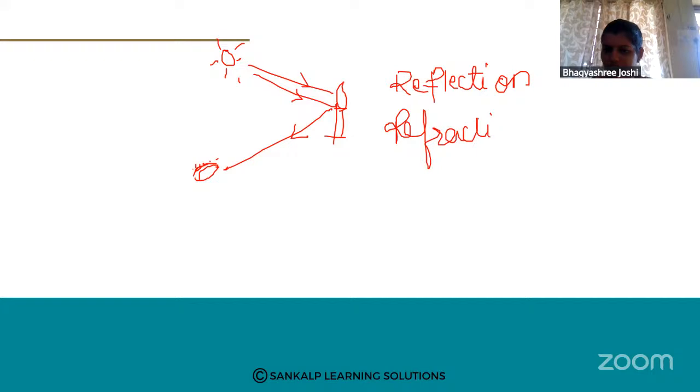So in this chapter, we are going to study reflection and refraction, right? We have already learned this chapter, so we will just revise it and solve some multiple choice, 2, 3, 4 marks questions. Okay. So in reflection, we are going to study reflection in the mirrors.